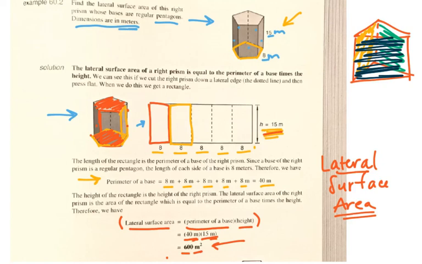So we would add the area of the front side to the area of the green side to the area of the yellow side. So when you're finding the lateral surface area of a triangular prism, you would do the same thing. They would give you a height. Let's say they told you that this is 5 units tall.